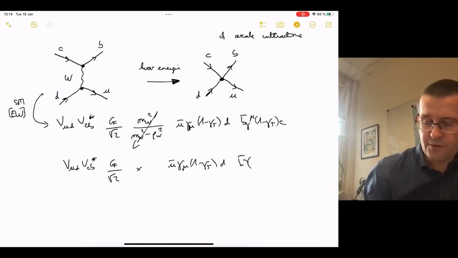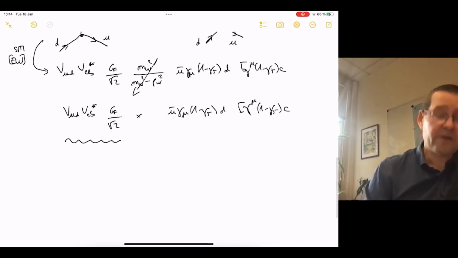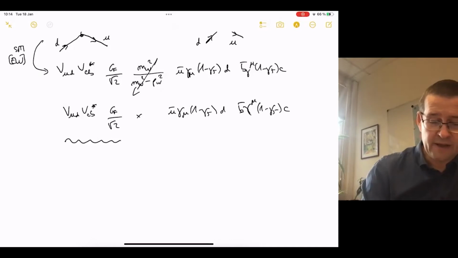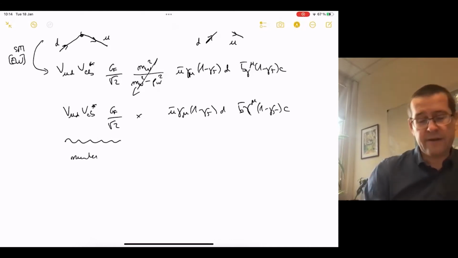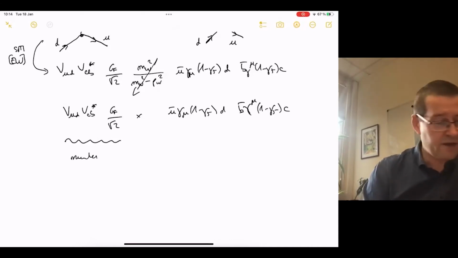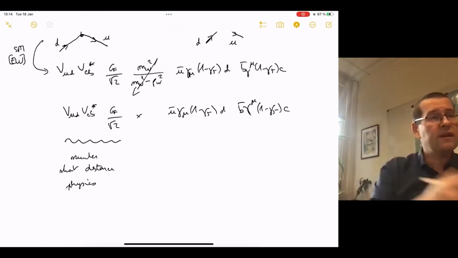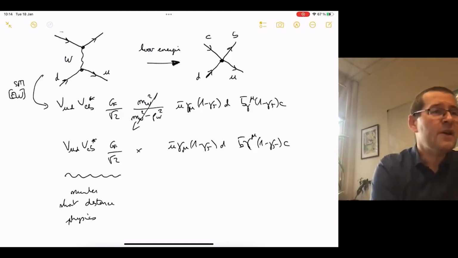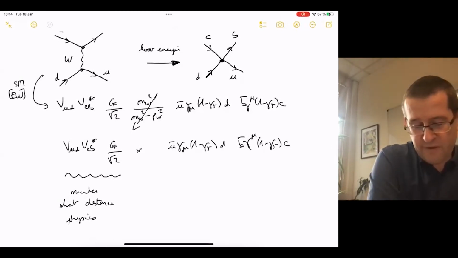And so in the end, what I have for the low energy theory is something which will be just the product of 2 different kinds of terms. One part, which is a pure number, so there is nothing propagating anymore. It's just a product of various terms that actually correspond to the remains of the short distance physics. You see that it has some memory of the fact that it came from a W. You've got the CKM matrix that is coming from the W interaction.